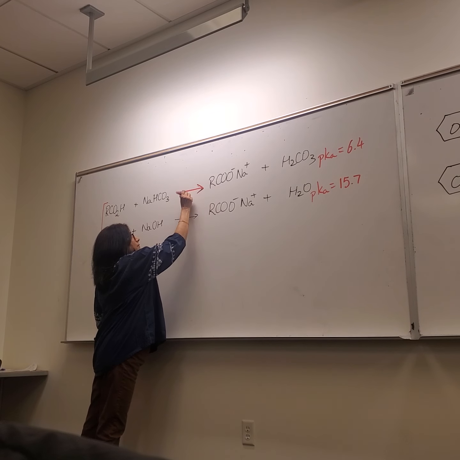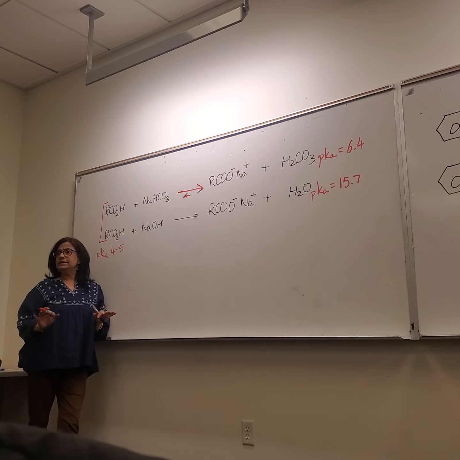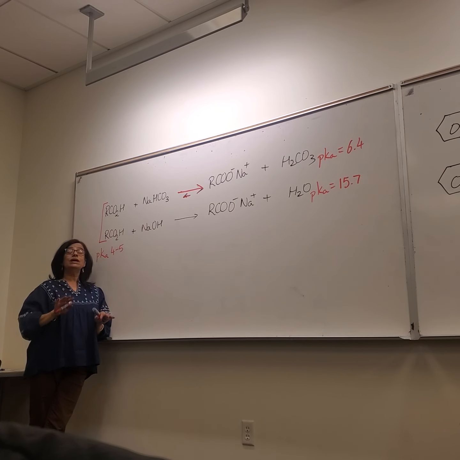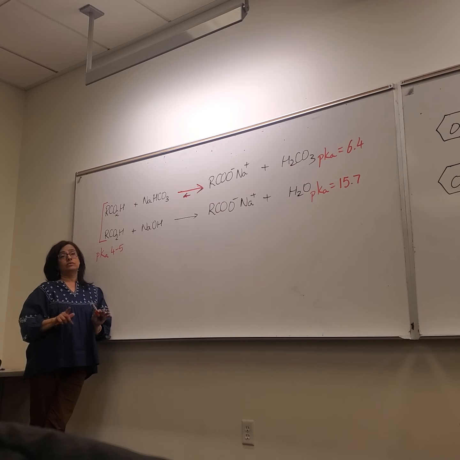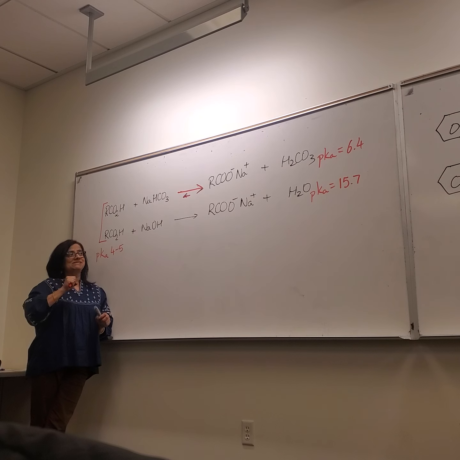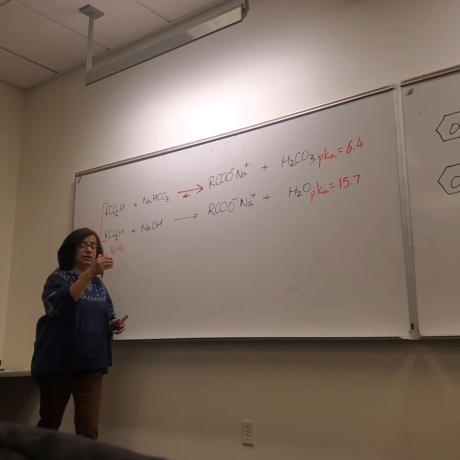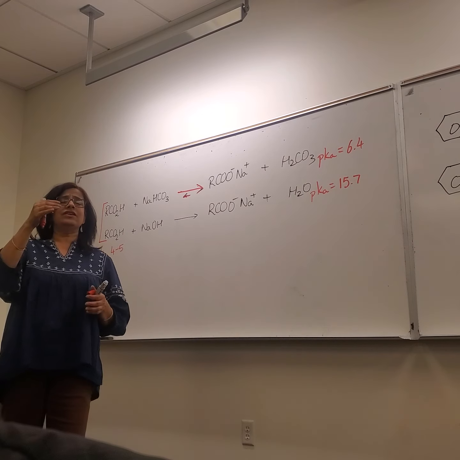So which direction is the equilibrium in? Right. How about the second equation? Here's the reactant. Slow down. Goes to the right again. In an acid-base reaction, equilibrium is in the direction of the weaker acid.